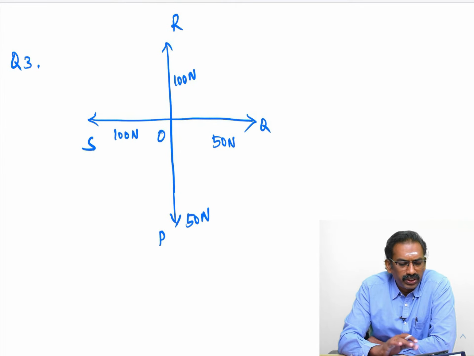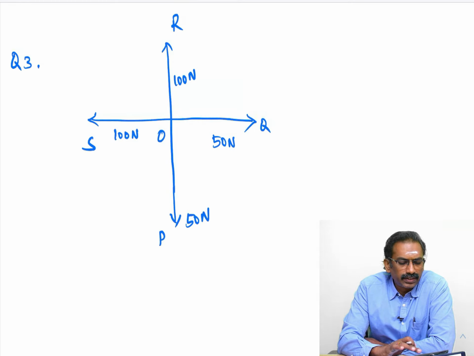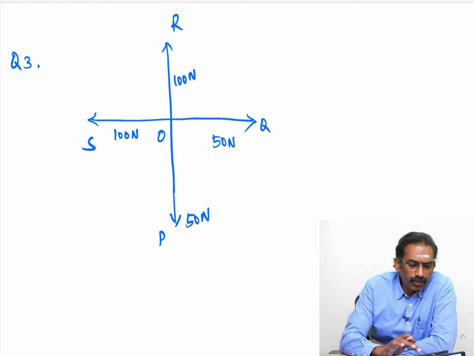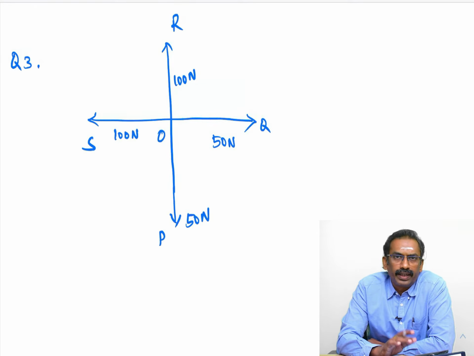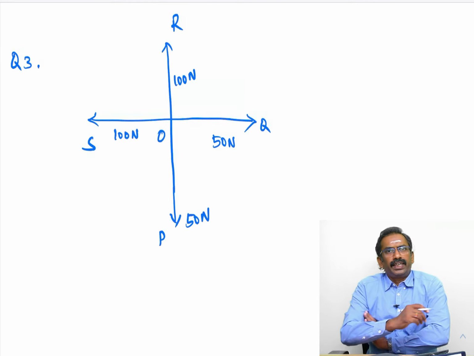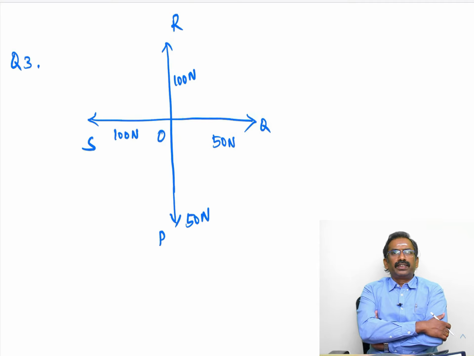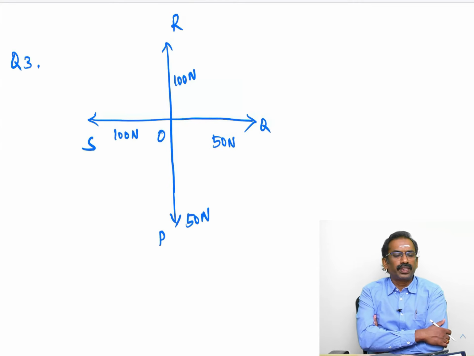Let us take opposite vectors OP and OR. Two vectors are acting opposite direction, magnitude 100 and 50. The resultant of OP and OR is 50. 100 minus 50 is equal to 50. If two vectors act in the opposite direction, resultant is equal to difference of magnitude of the two vectors.